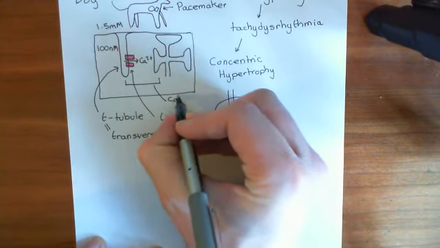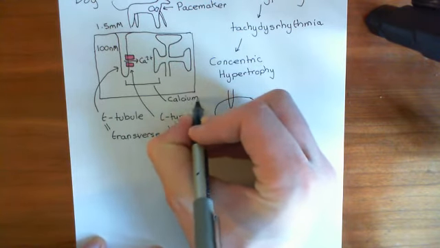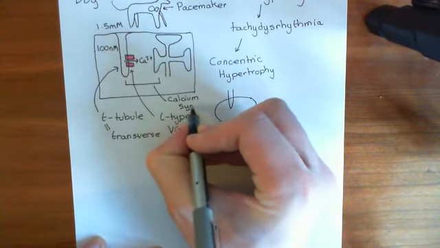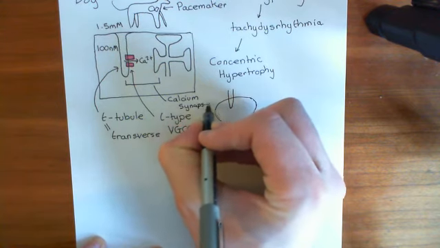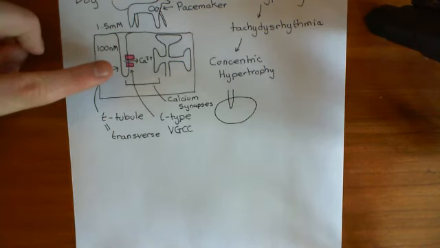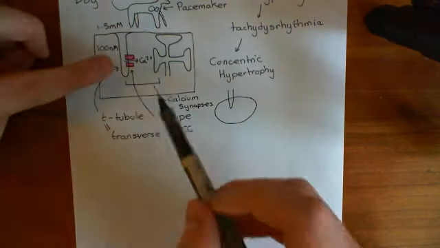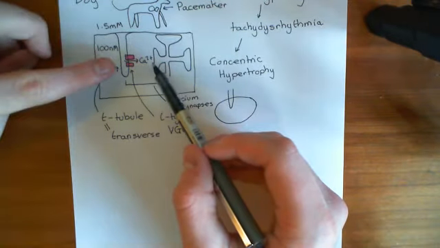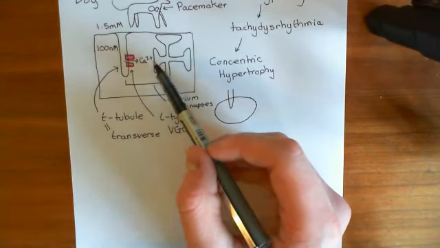So this is known as a calcium synapse, and it really is very similar to the synapses between neurons, presynaptic and postsynaptic neurons. Basically, the plasma membrane is like the presynaptic neuron membrane, and the sarcoplasmic reticulum membrane is like the postsynaptic neuron membrane.